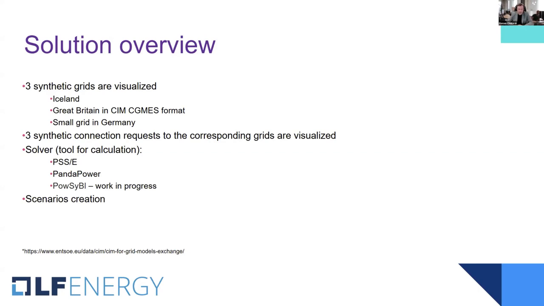Second solver is PandaPower. It's an open source solver which works with the SimCGMS format, and we actually implemented this solver just for the purpose of the demo, because the first, PSSE, needs a separate instance of PSSE running on your laptop, and Siemens PSSE is quite an expensive solution.